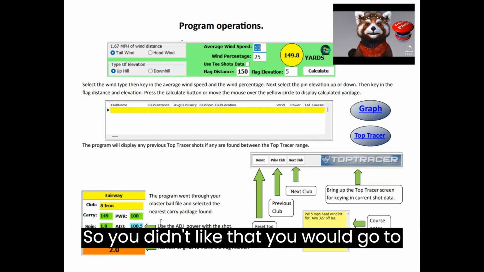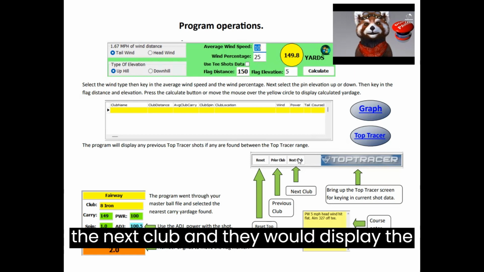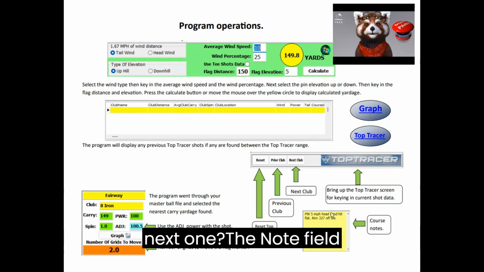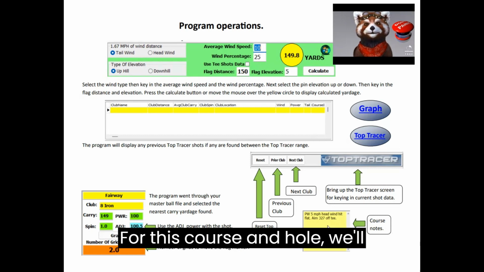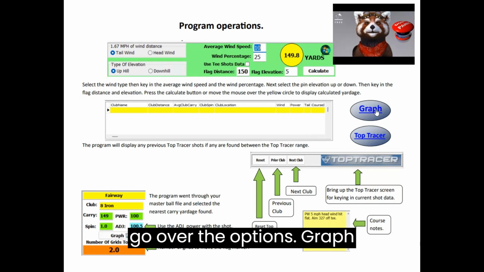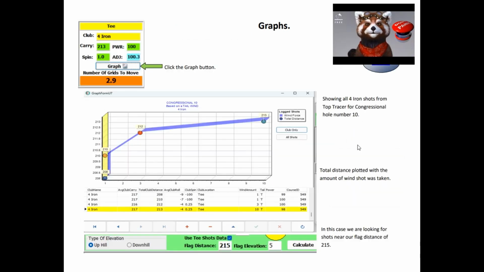So if you didn't like that, you would go to the next club and it will display the next one. The note field here is where you would type in notes for this course and hole, and we'll go over the options next of graph and top tracer.